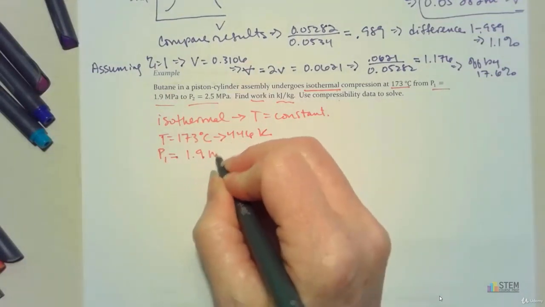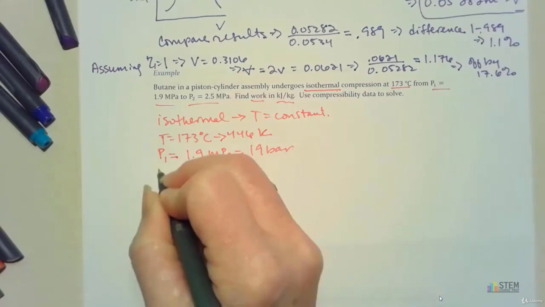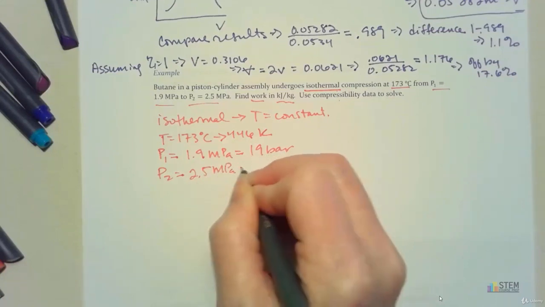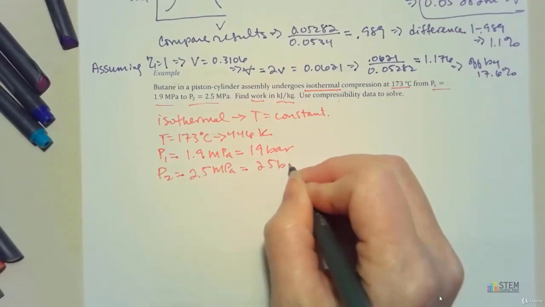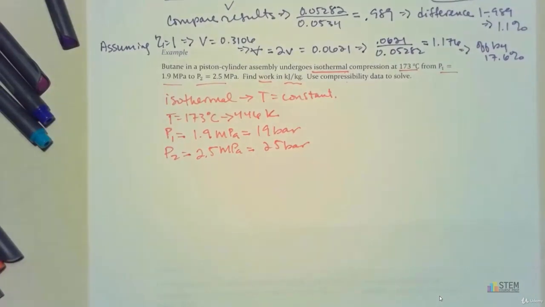So 1.9 megapascal, that is equivalent to 19 bar. And then for P2, we got 2.5 megapascal. That's equivalent to 25 bar. Now that took care of the little tedious things we had to deal with. Now let's go ahead and get to solving the problem.